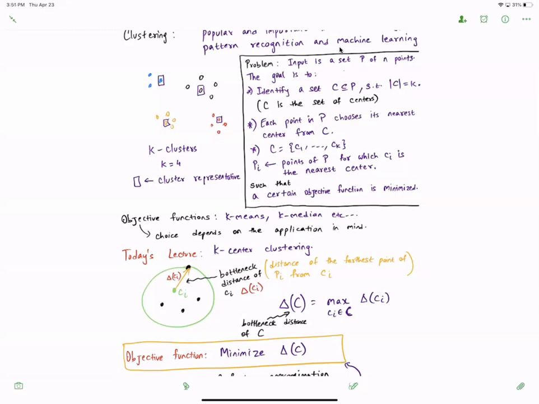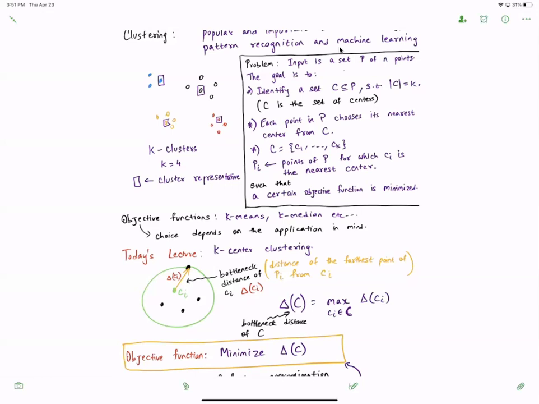Every point complains to some extent, depending on how far it is from its center. We just want to know which is the point which is complaining the most, and the distance of that point from its closest center is called delta of C.